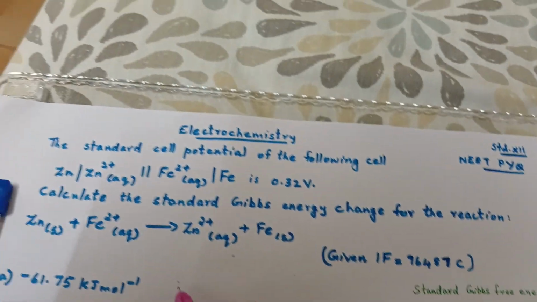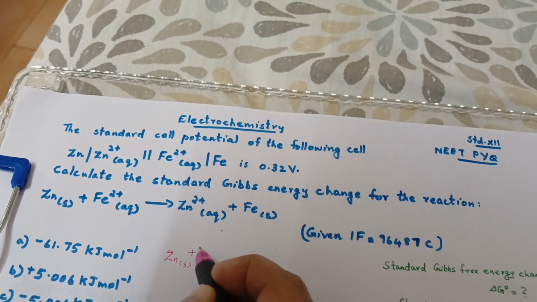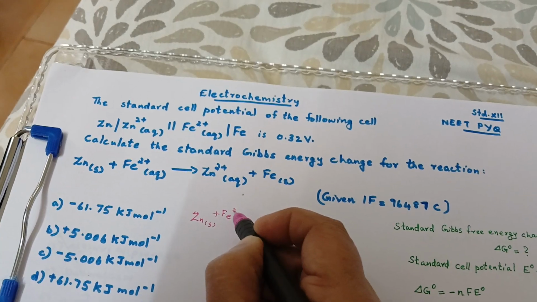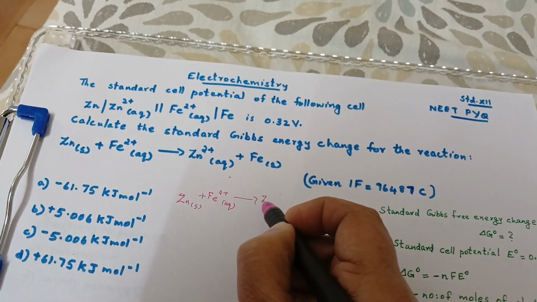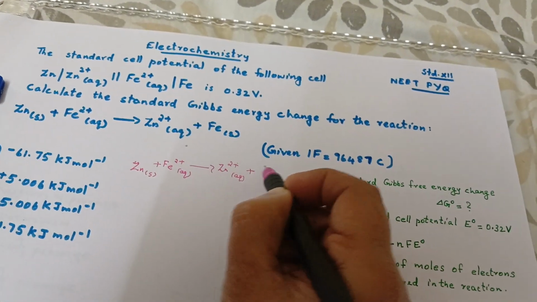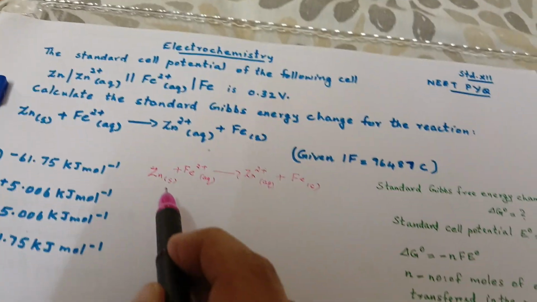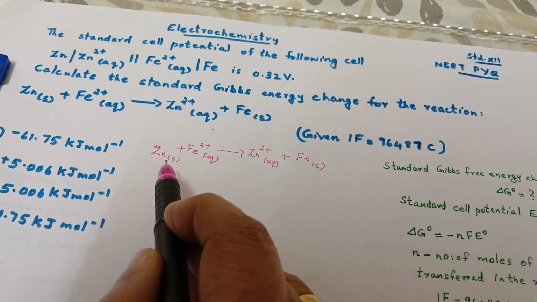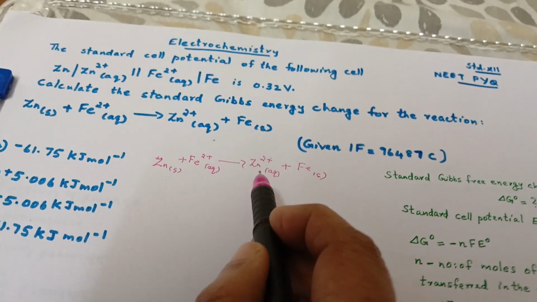So let us write this reaction. That is zinc Zn solid plus Fe2+ aqueous giving Zn2+ aqueous plus Fe solid. Here we can see that zinc is losing 2 electrons and it is becoming Zn2+.